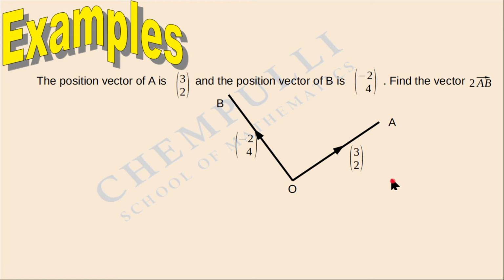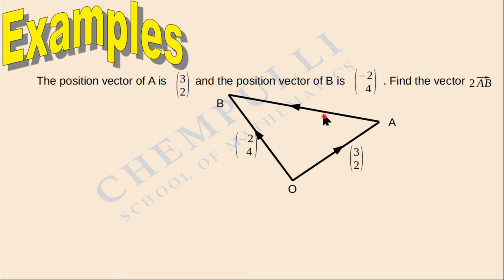To find vector 2AB, first we have to find vector AB. After that we can find 2 vector AB. What is the meaning of vector AB?